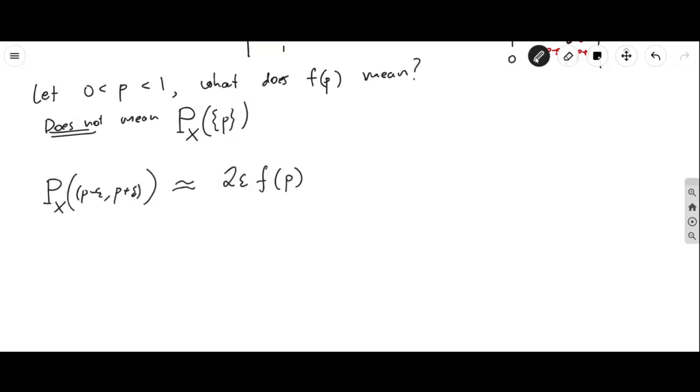So this would be the probability that our random variable x is contained, that the value of the random variable x is between p minus epsilon and p plus epsilon, right? I'm being sloppy over here, but I really mean to say you're going to look at the events where all of the sample points, their value, the random variable, which is the norm of the complex number, falls between those two.